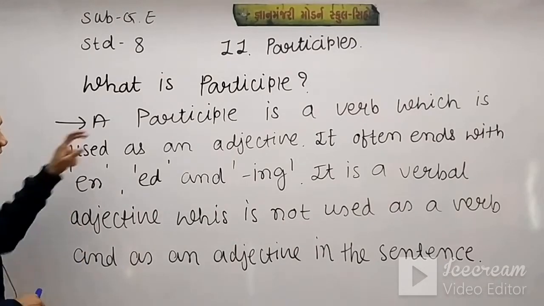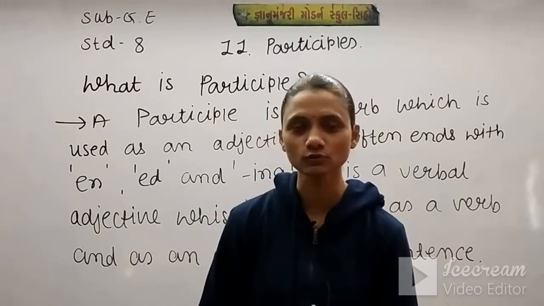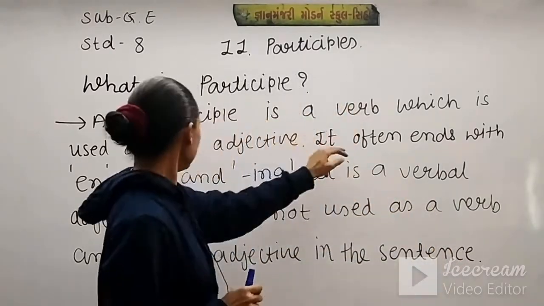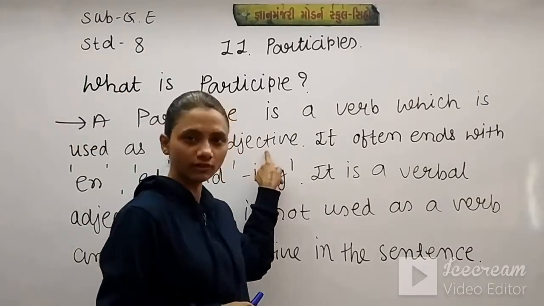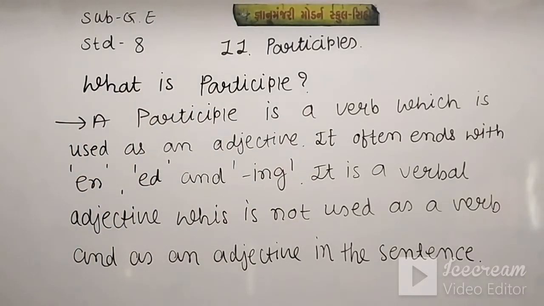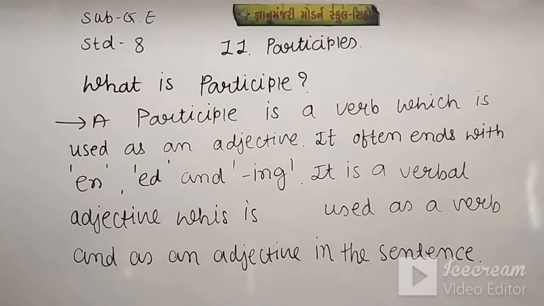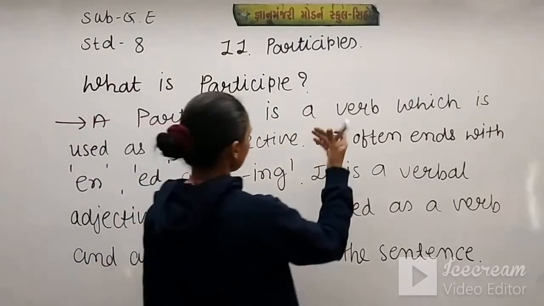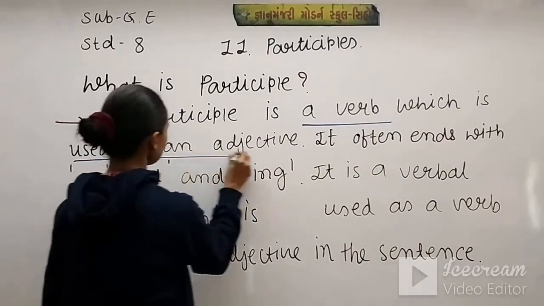See, a participle is a verb. Mainly it is a verb. Okay, it is a verb which is used as an adjective. Though it is a verb, it is used as an adjective.